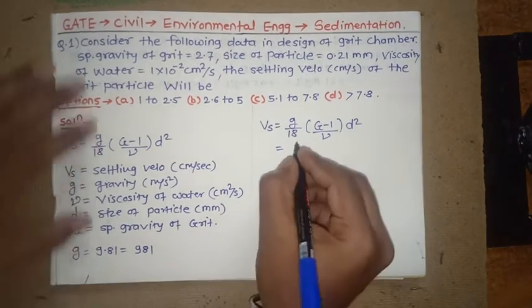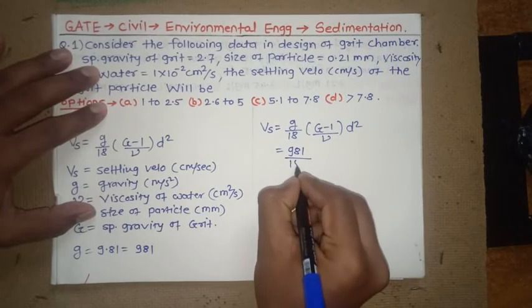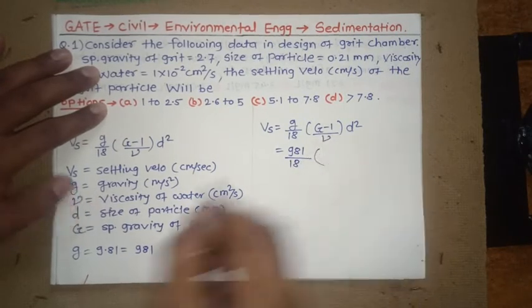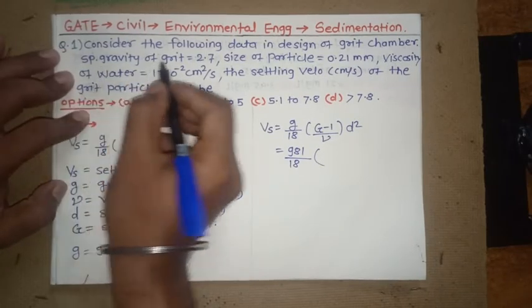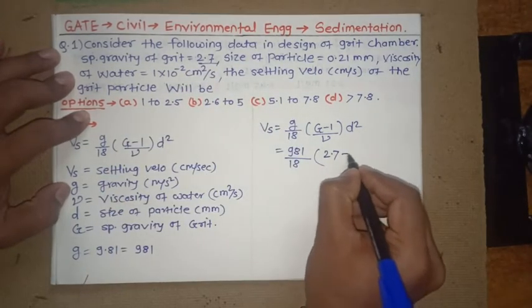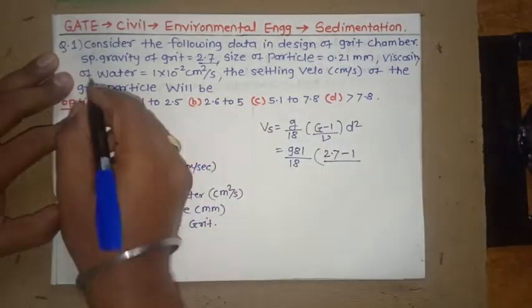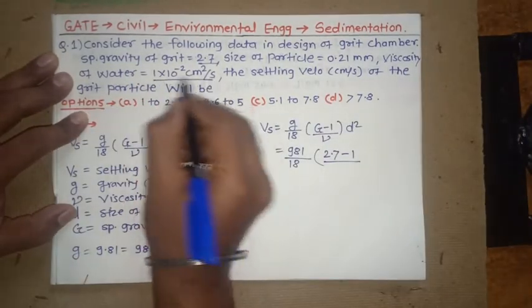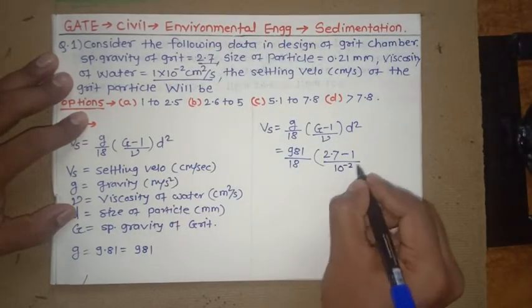So 981 by 18, into in bracket capital G, the specific gravity, which is given as 2.7, so 2.7 minus 1, upon nu, the viscosity of water, which is 1 into 10 raised to minus 2, that is simply 10 raised to minus 2.